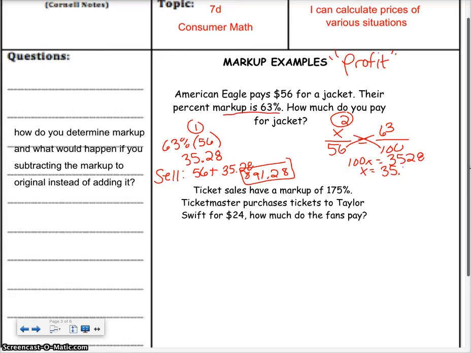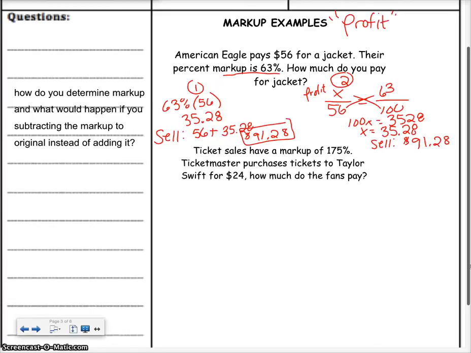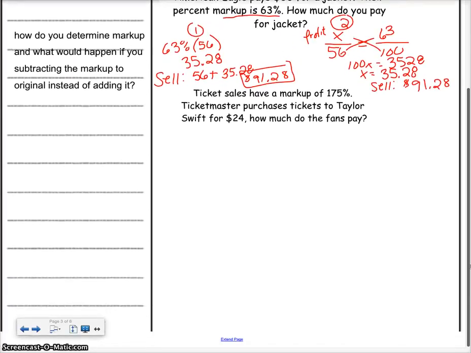X is $35.28. That's their part, their profit. Profit is part of the whole. So then what they're going to sell it for, again, you would add it, and you get $91.28. Okay? Let's say ticket sales have a markup of 175%.